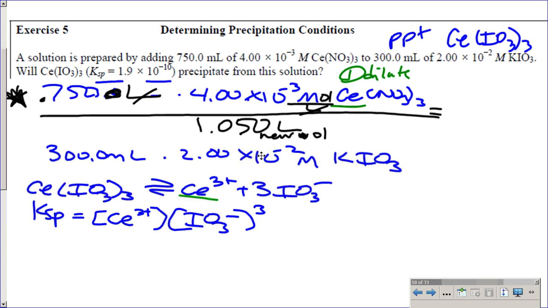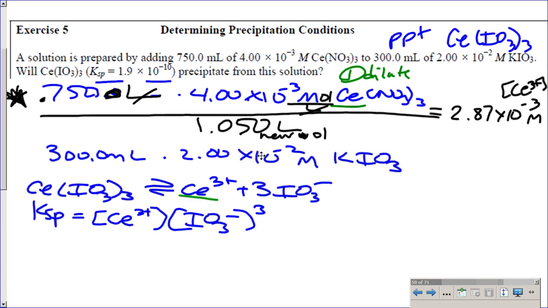That equals my cerium concentration, which is 2.87 times 10 to the negative 3 molar. You guys see what I did there? I know I just messed my work up kind of weird, but okay.